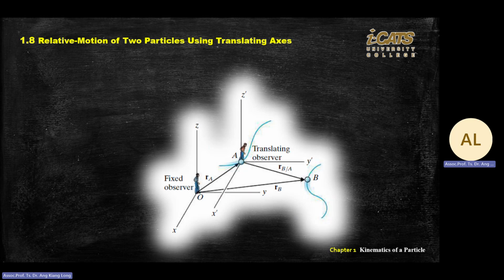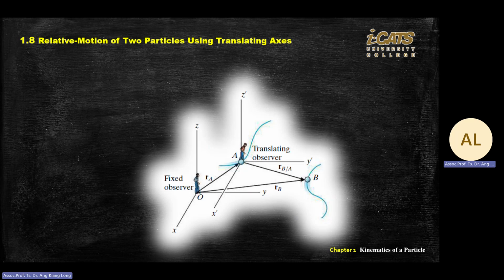Don't write R_A/B. So if A is pointing to B, then it's R_B/A. If B is looking to A, then you cannot solve the vector problem. So always have one relative to another one.